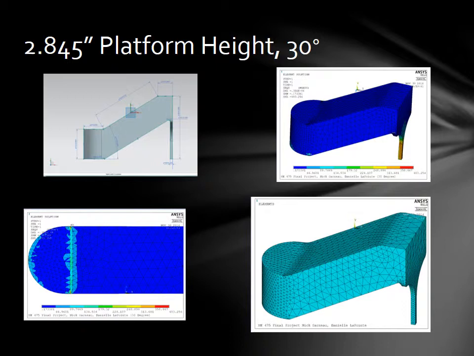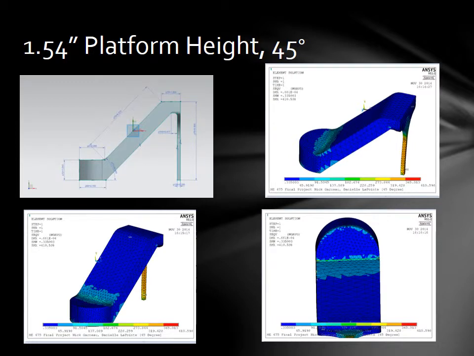In the upper right-hand corner, you can see the stress concentrations in the heel of the shoe, and then in the bottom left corner, the maximum stress occurred at the outer edges of the ball of the foot, resulting in about 400 psi. The 45-degree angle resulted in a platform height of 1.54 inches.